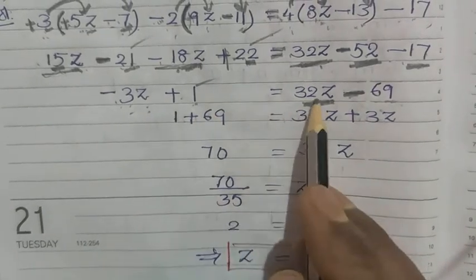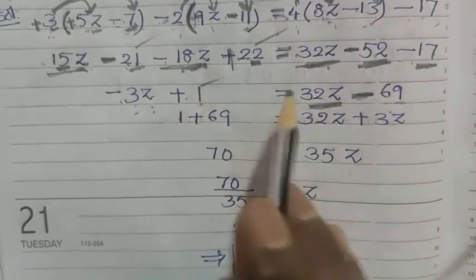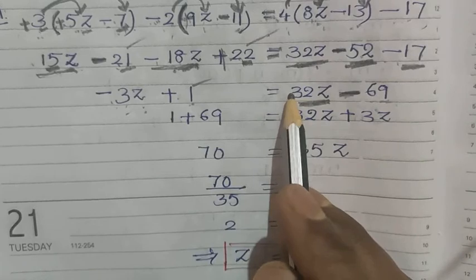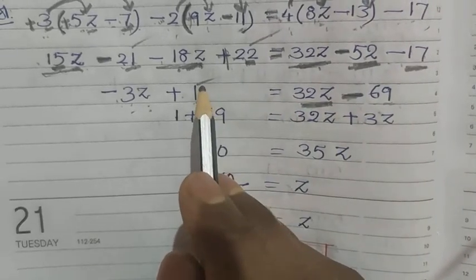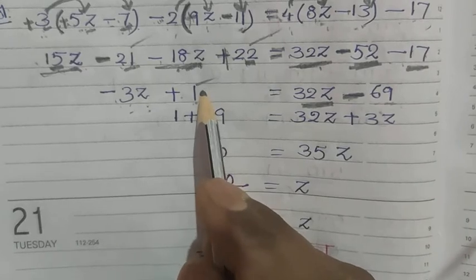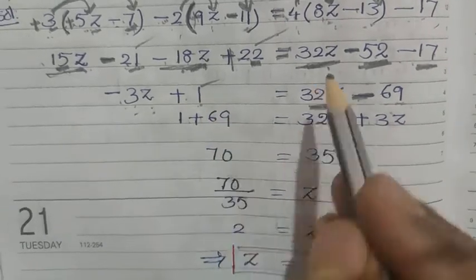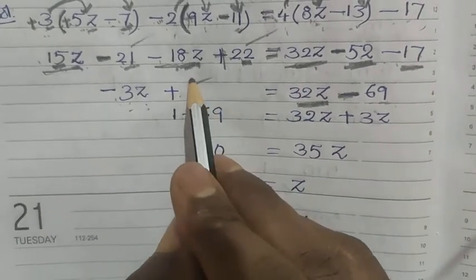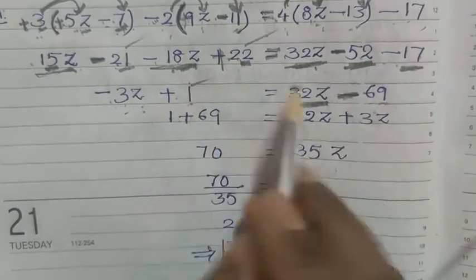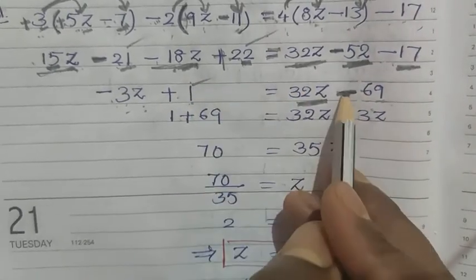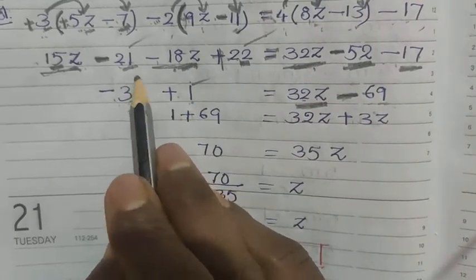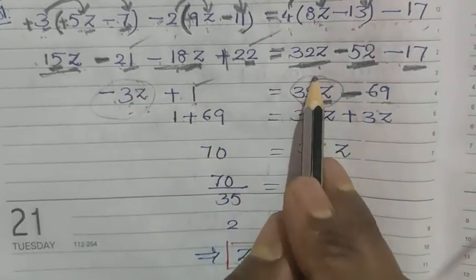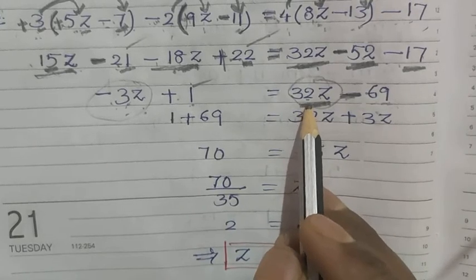Now, simplification is still required and also solving. Here what we will do: plus 1 and this minus 69 are constants. Constants on one side, z terms on one side, we will do. Since this is minus 3z and this is 32z, which is the bigger one? 32z.